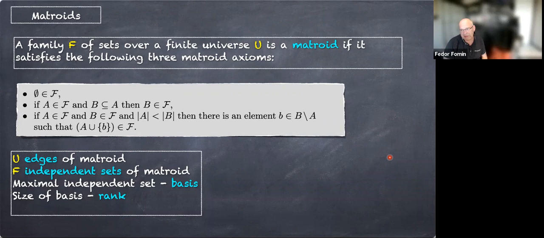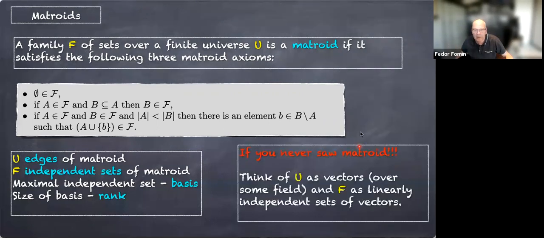The size of the basis, the size of the maximum independent set, is the rank of the matroid. And if you never saw matroids, just think about them as linearly independent sets of vectors.